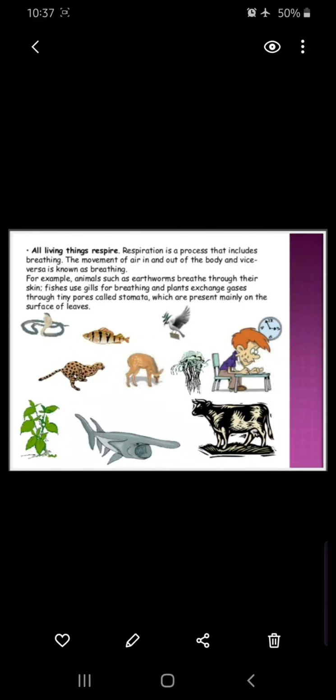Respiration is a process that includes breathing, the movement of air in and out of the body, and vice versa, is known as breathing. For example, animals such as earthworm breathe through their skin. Fishes use gills for breathing, and plants exchange gases through tiny pores called stomata, which are present mainly on the surface of the leaves.